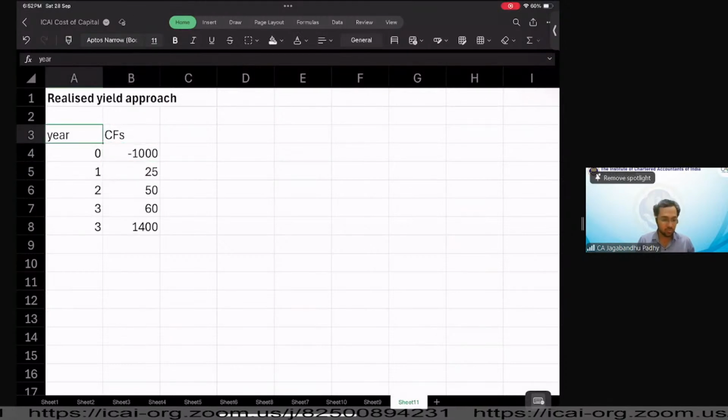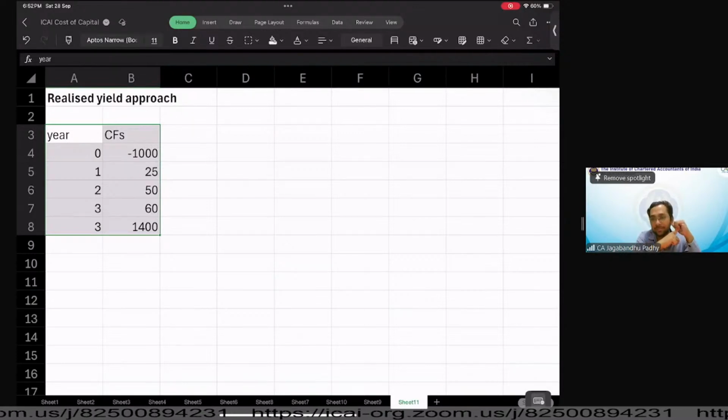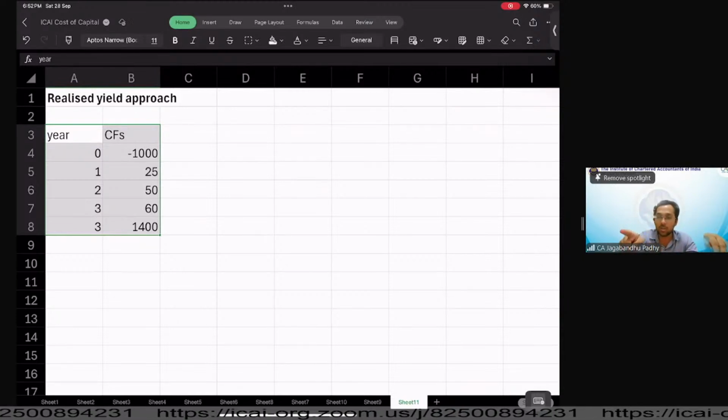Now, if I ask you what is the rate of return that you have earned on your investment in this case, how are we going to calculate it? Can I say the same approach that we did for the IRR approach or YTM for cost of debt?